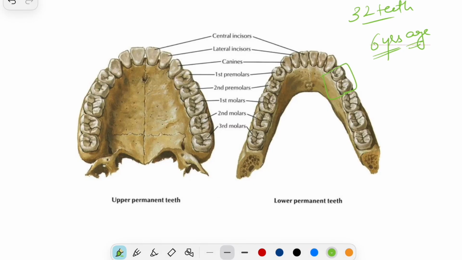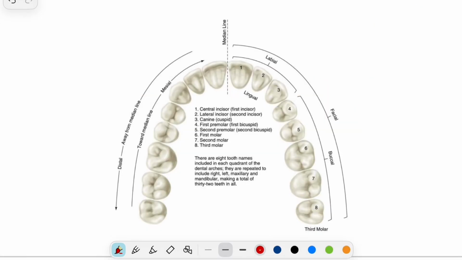The permanent dentition includes premolars and the third molars as well, while in primary dentition you'll only find 2 molars, the first and second molar, while here you'll also find the third molar. And permanent teeth are larger and more mineralized as compared to the primary teeth. Okay, that is basically everything, just for an intro, about the primary and the permanent dentition. So our next topic is tooth position from the midline.